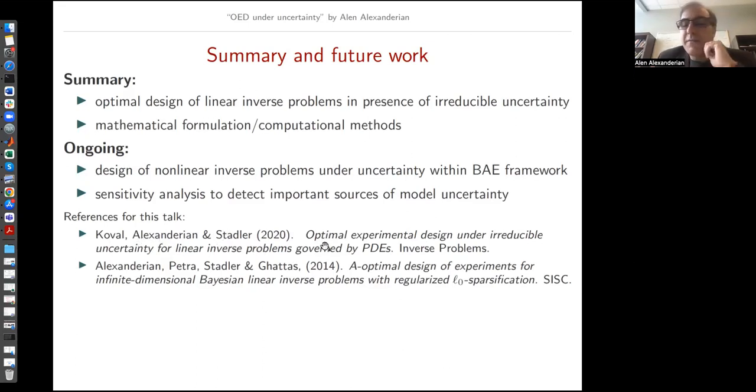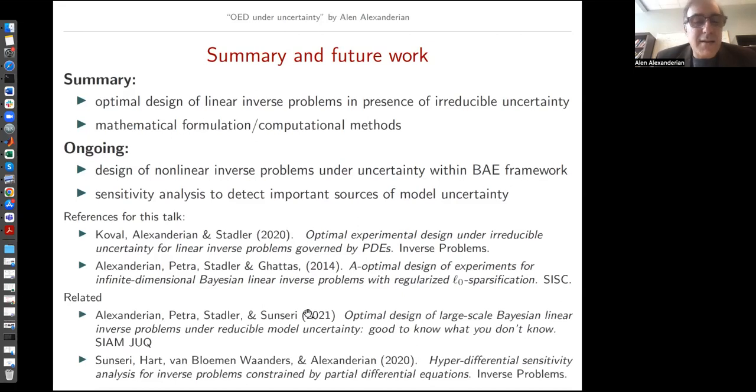That appeared in Inverse Problems, and it might be helpful to get started on, or one possible choice for, design of Bayesian inverse problems governed by PDEs. That's the linear setting. So that's another appropriate reference for this talk.